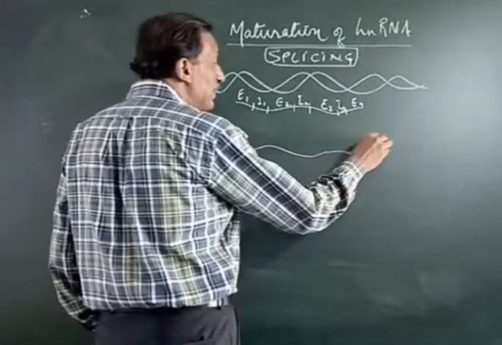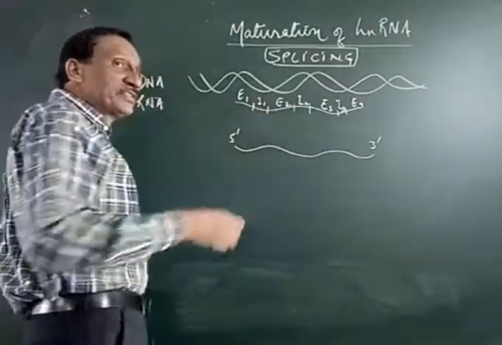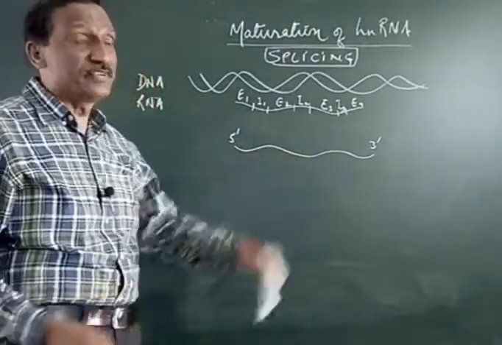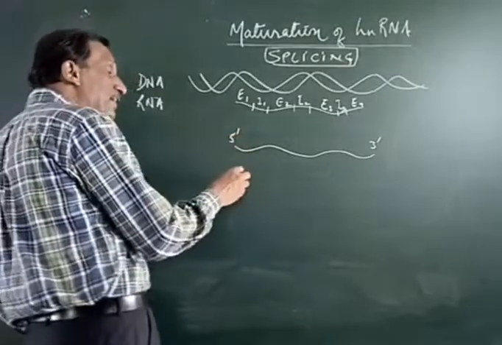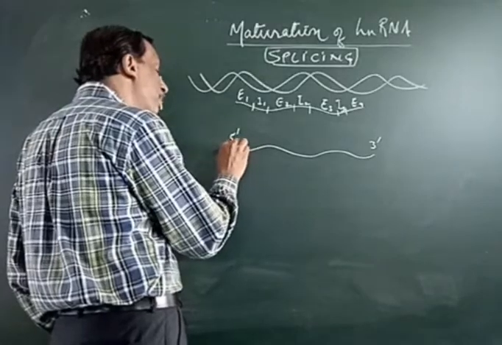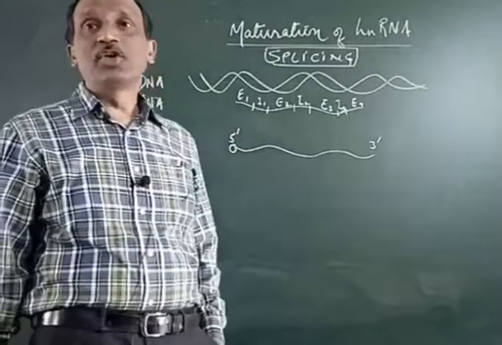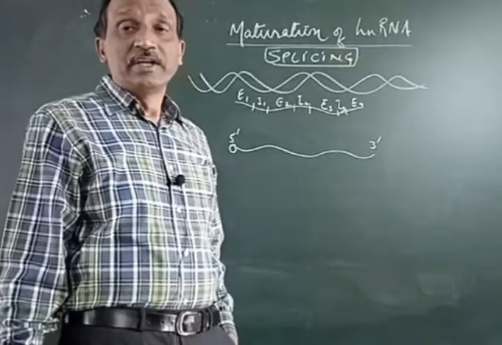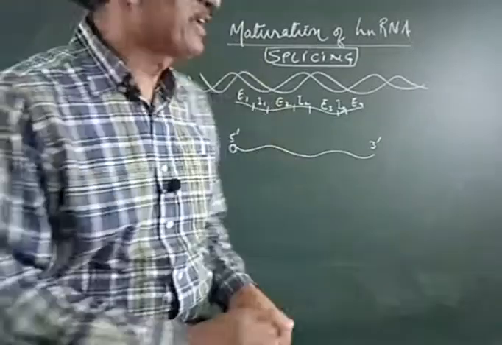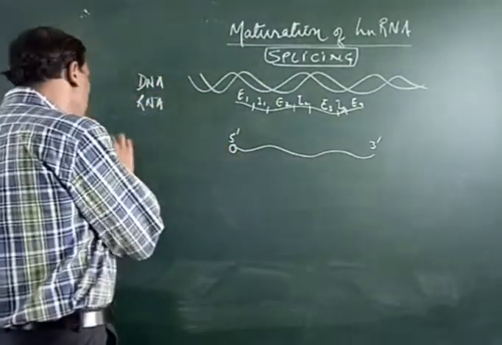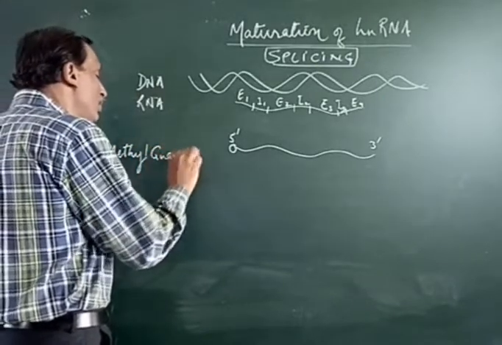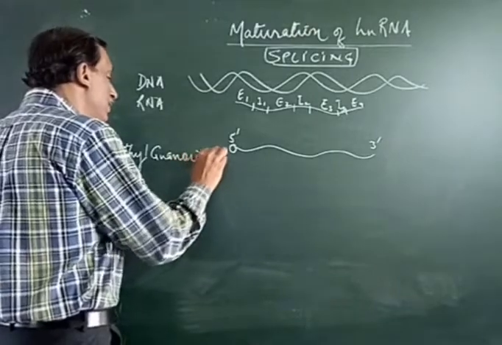This is the 5' end and this is the 3' end. The 5' end comes first because new synthesis always takes place in the 5' to 3' direction. So this end has come first and that end will come later. As the 5' end comes, a special kind of molecule comes and attacks here, that is methyl guanosine triphosphate.